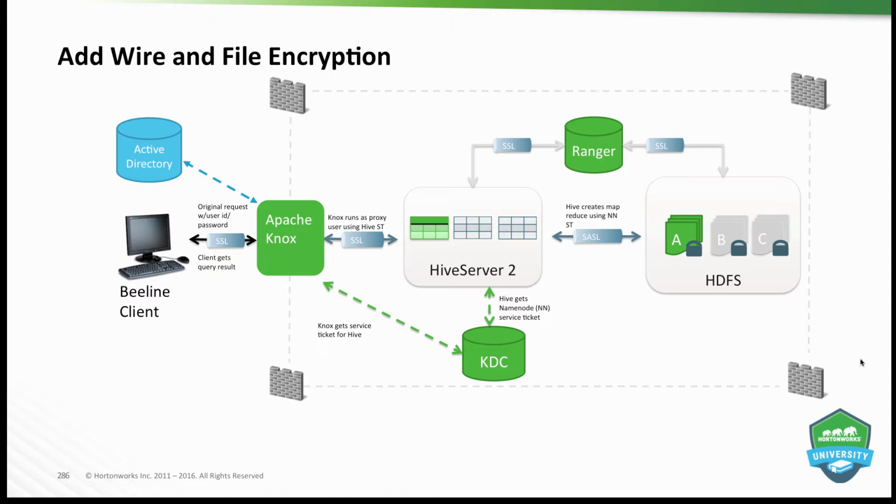So we see a lot of these little SSL channels here, really just trying to make the point that all communication in a modern Hadoop cluster, especially using HTTP, could be enabled for SSL, for encryption in transit, in motion, however you like to represent that.